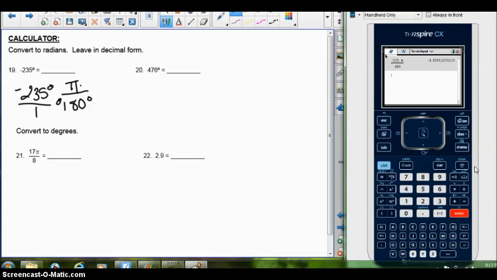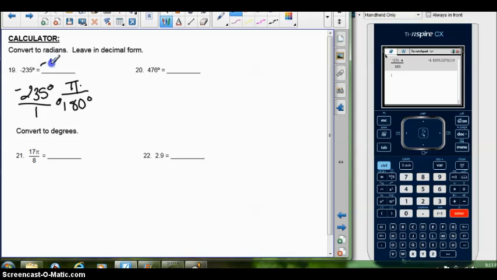Okay, and we get negative 4.10. We've been leaving it to 3 decimal places, so we'll say negative 4.102.